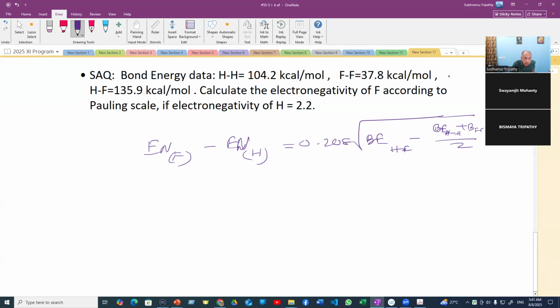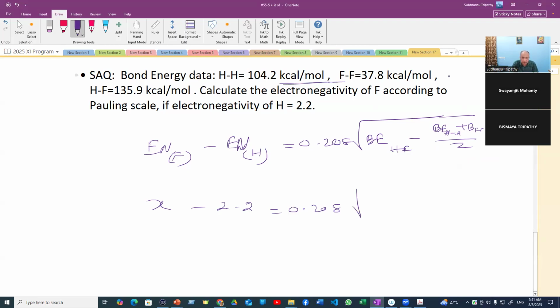In the geometric mean, you have to multiply, then take the root. But in the arithmetic average, just simply add and divide by the total number of items, 2. So this you have to find out. Supposing this is x and this is 2.2, this is the reference that you have to take, 0.208. And if the unit is not kilocalories per mole, then you have to convert.